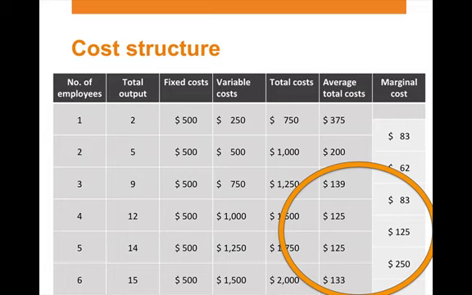As soon as the marginal costs exceed the average cost of that moment, so for example, at 5 workers, the average cost is 125, as well as the marginal cost. But going from 5 to 6 workers, the marginal costs are 250, which leads to an increase in the average total cost.